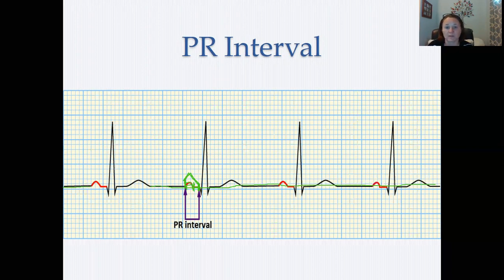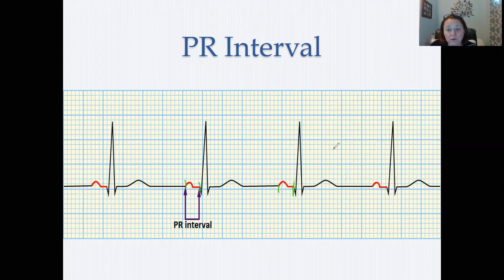All right, let me erase what I've got on here. Okay, so when we are measuring the PR interval, we're going to start, as I said, at the beginning of the P wave to the beginning of the QRS complex. So the beginning of the P wave is just after this little line here to the right, which is happening right on this line here.